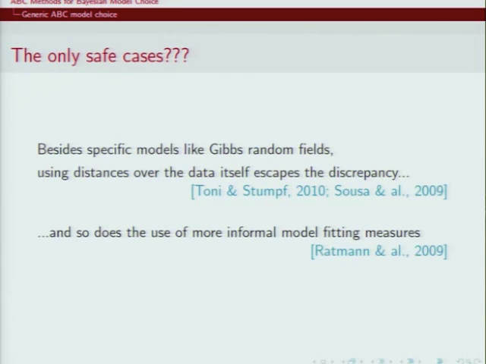So I was thinking, I've used ABC, but I've never actually done a model choice problem before. But Mark Beaumont published something a few years ago with a regression model, basically just simulating a lot of data sets from the different models under those priors.